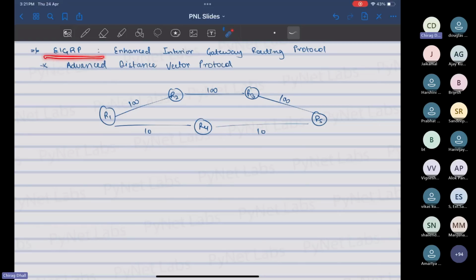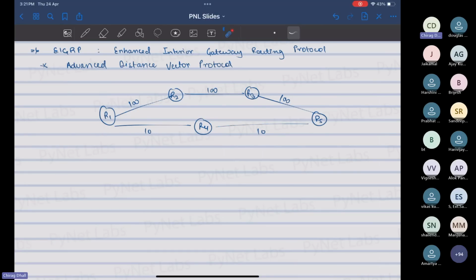Now, when we are talking about EIGRP, EIGRP is also going to consider the speed or the bandwidth which my link is offering. So according to EIGRP, if I try to find out which is going to be the best path, it's going to be this one probably. Why? Because it offers a better bandwidth and can help me reach the destination earlier as compared to the other possible way.